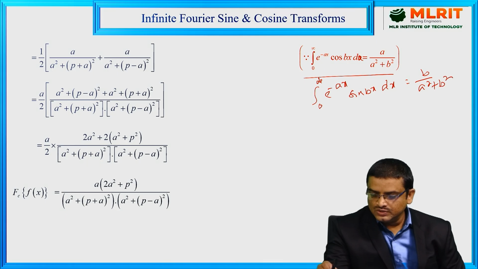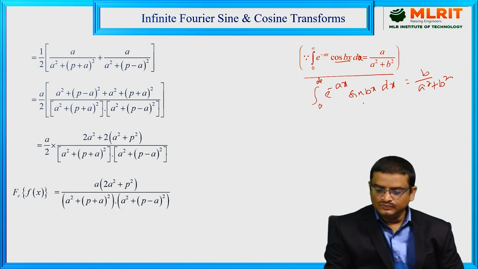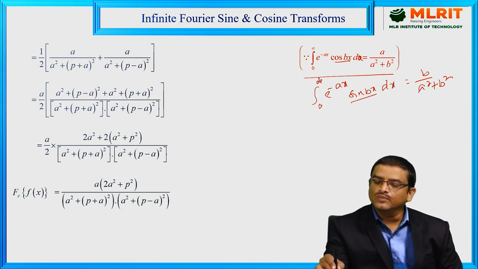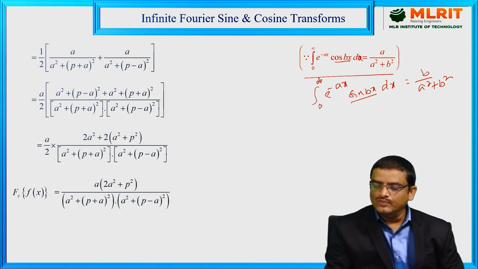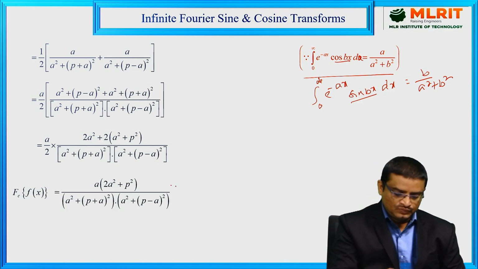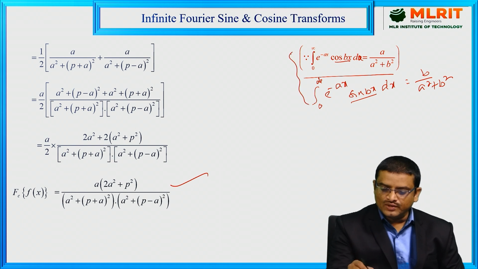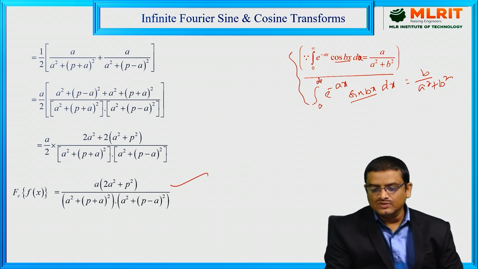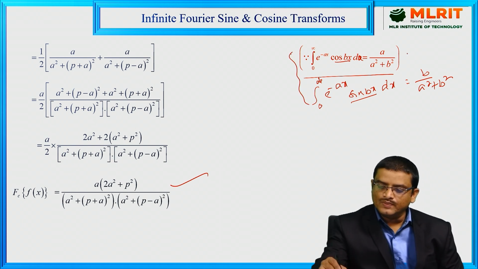Here we have cos, so you take a by a square plus b square. Whenever we get sine bx in place of cos, the denominator is the same in both formulas, and just the numerator changes. That is b by a square plus b square. These formulas are very important in Fourier transforms, and we can save our time if we remember them.